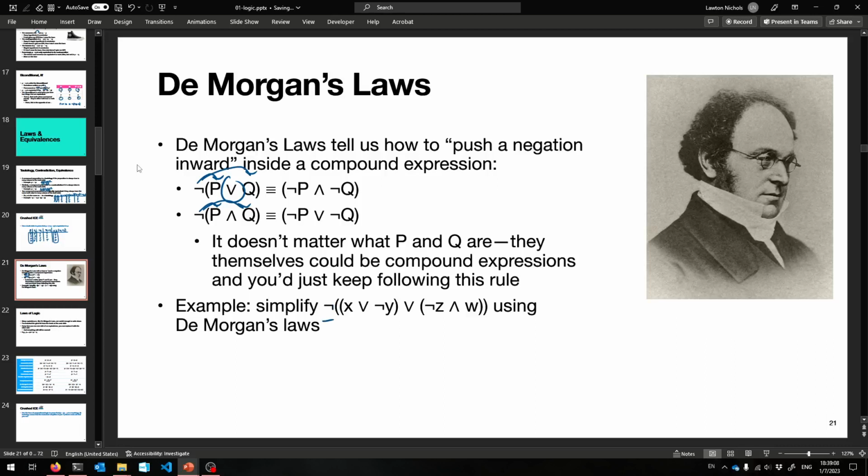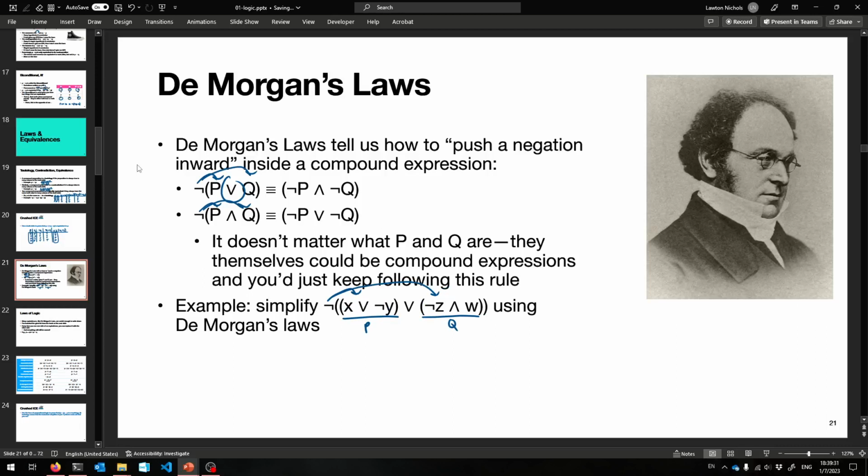It's the negation of this whole thing. What's this whole thing? Well, it's this entire quantity ORed with this entire quantity. So if I'm using De Morgan's law, this is my P, this is my Q. Do you see that?